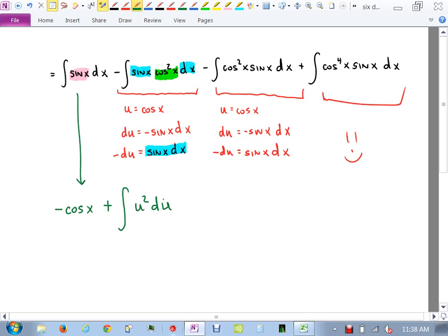What is the next one? Same exact thing, right? Comes out plus u squared du. Last one, minus, because we're replacing our sine x dx with negative du. So that minus is going to come out of the integral. Minus integral u to the fourth du.